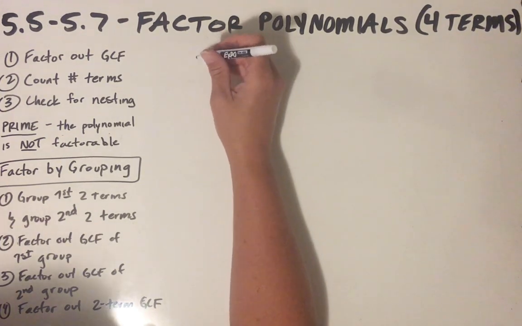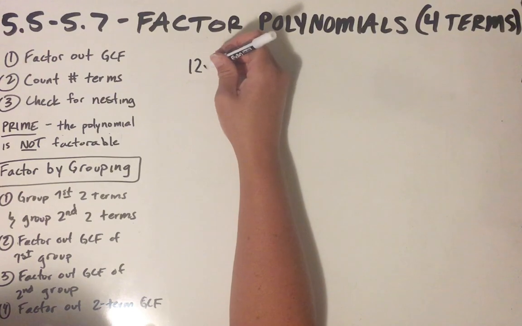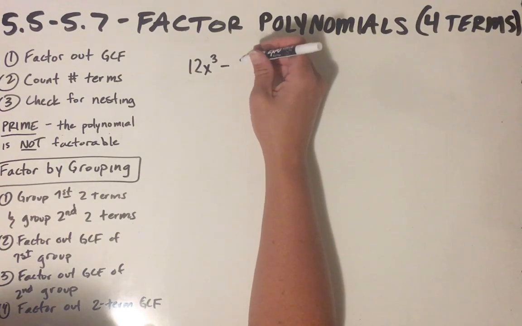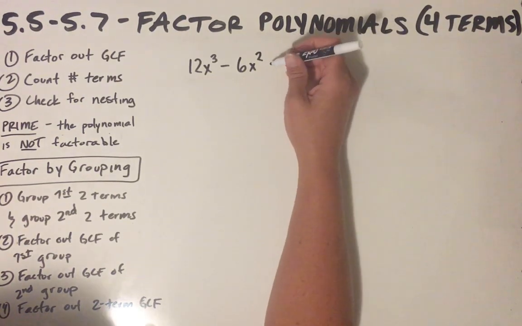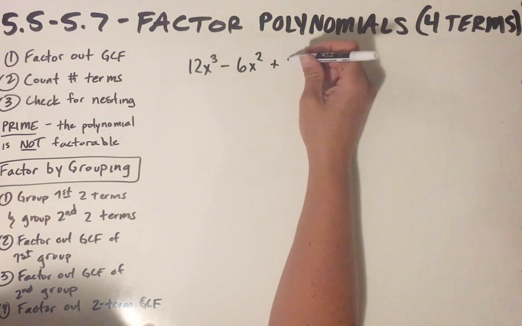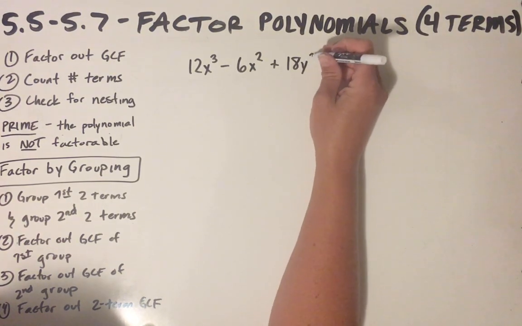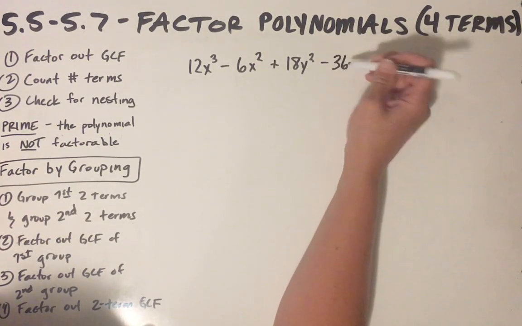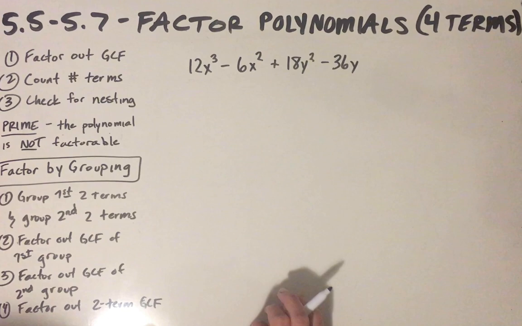Well, let's say 12x to the third minus 6x squared plus an 18y squared minus 36y. Okay, so say like this is my initial problem.